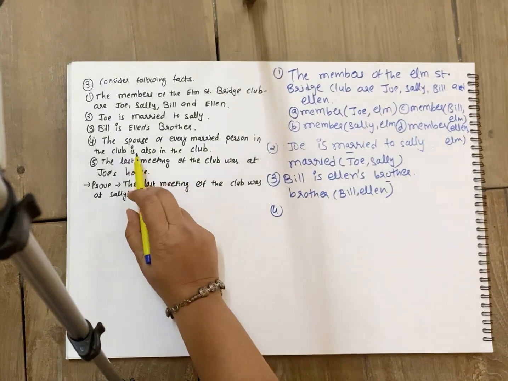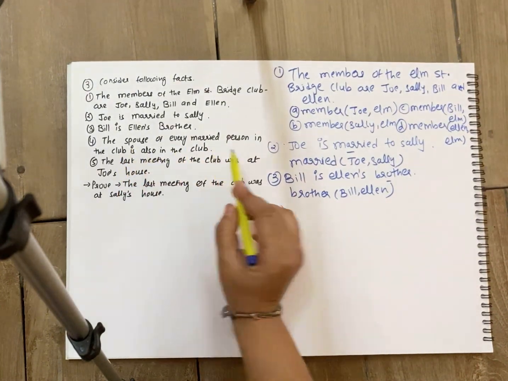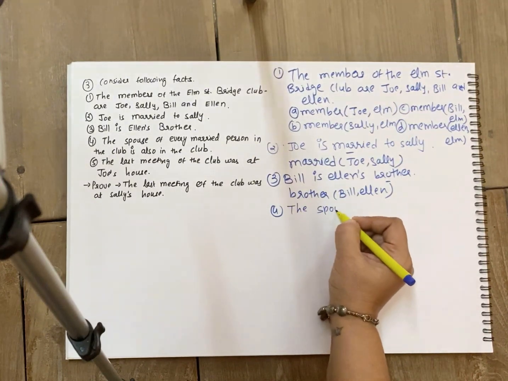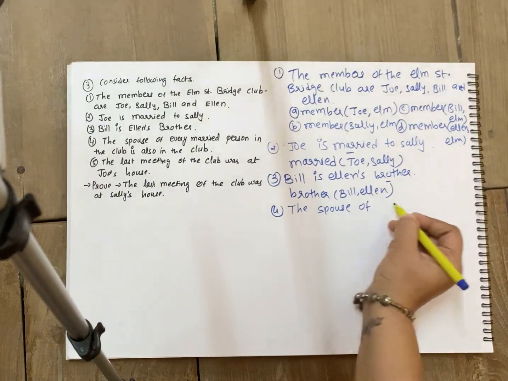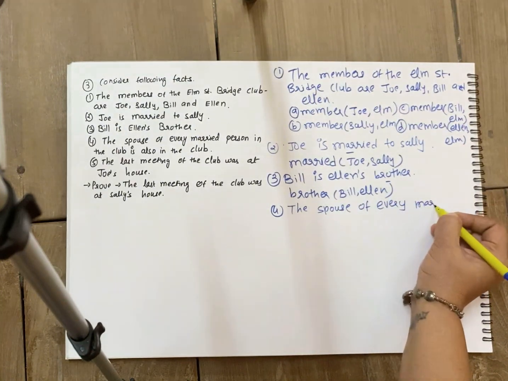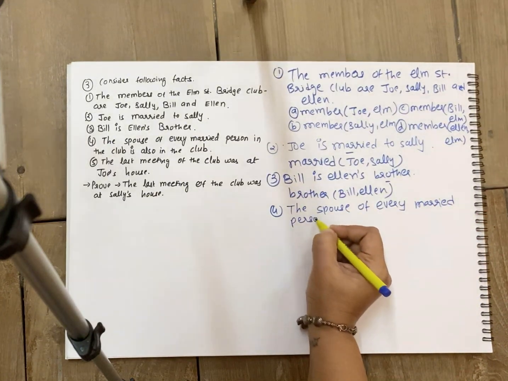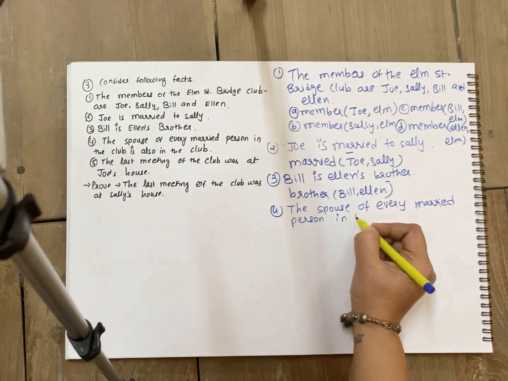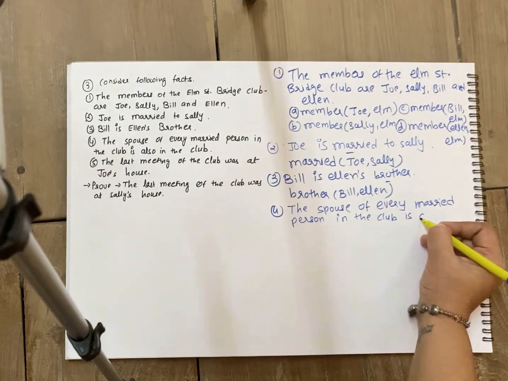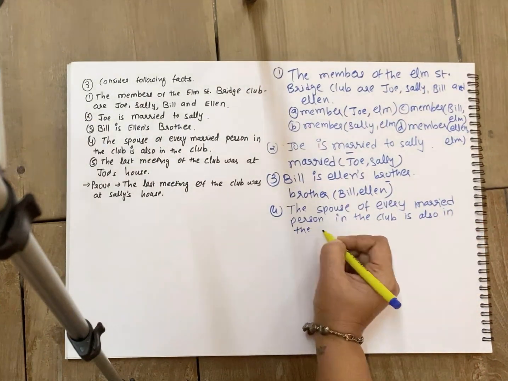The fourth one is the spouse of every married person in the club is also in the club. Read it again. The spouse of every married person in the club is also in the club, means also member.